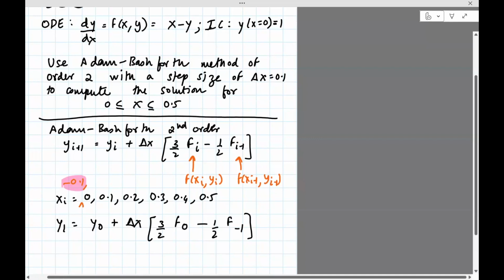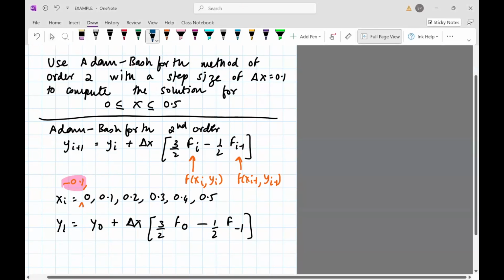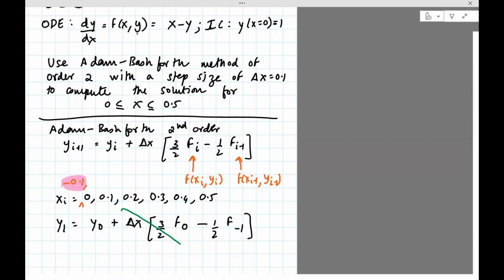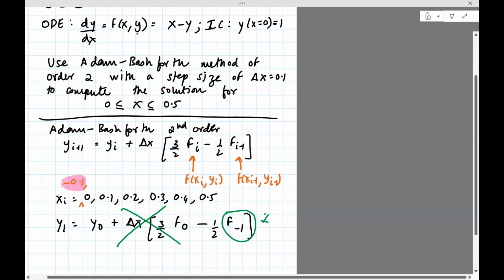So the thing is, we do not have, the domain is basically 0 and 0 to 0.5. We don't know the value at minus 0.1. Think of x as time. If x is time, time starts at 0. There's nothing defined at time equals minus 0.1, of course, unless you have some experiments running before that. So this is not going to work. This is just not possible. You cannot use this formula because of this. This is the issue.